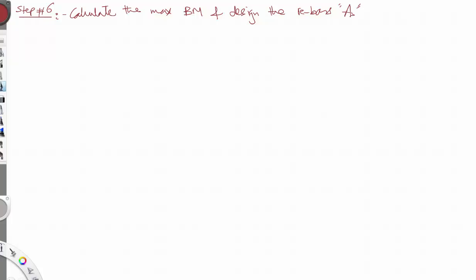So if we do the sketch, this is a cantilever, and this is the uniform load, which is Qu equal to, and let's do the number for Qu is equal to 5.745 kip per foot.